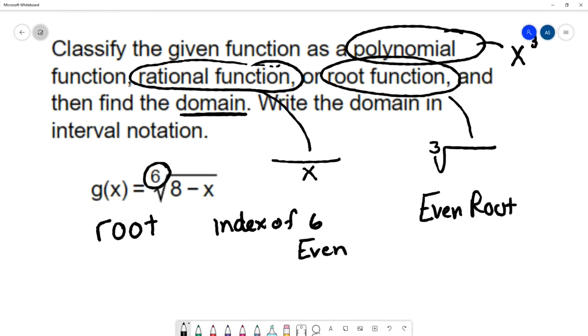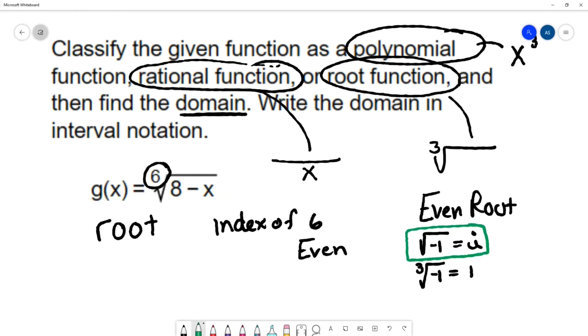For example, if you were to calculate the square root of -1, you would get i. But if you were to calculate the cube root of -1, you would get -1. So here you see an example of why we have a restriction on our even roots.